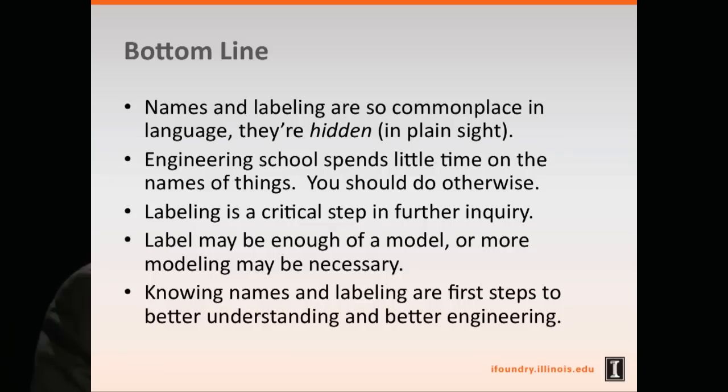And so this idea that there are kinds of engineered objects that depend on social beings to understand them, to imbue them with their full functionality, is one that is not typically talked about in engineering, but needs to be talked about more. So the bottom line here is that naming and labeling are so commonplace.